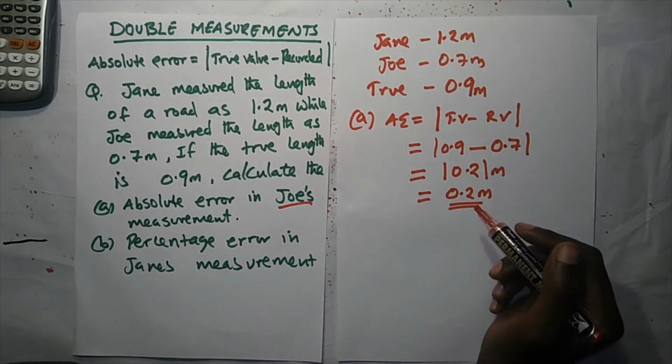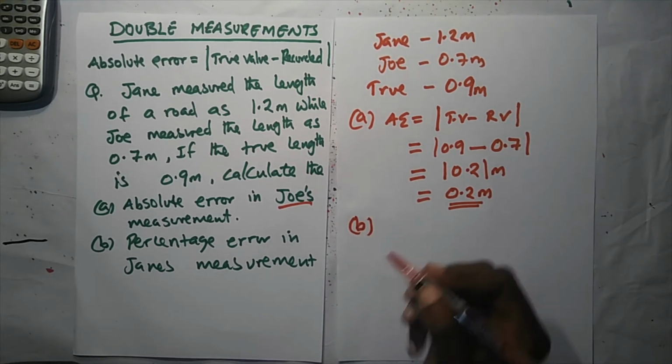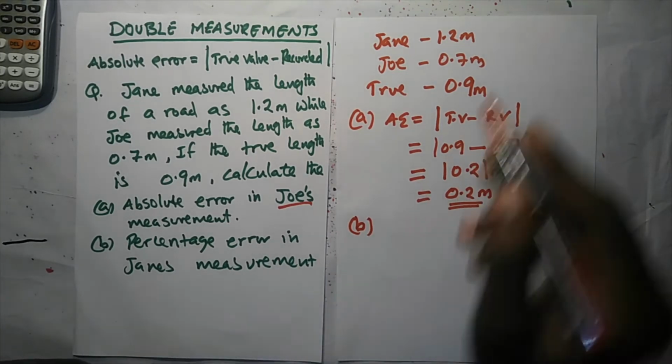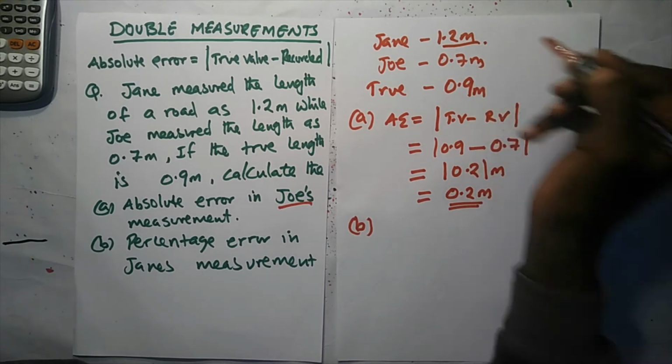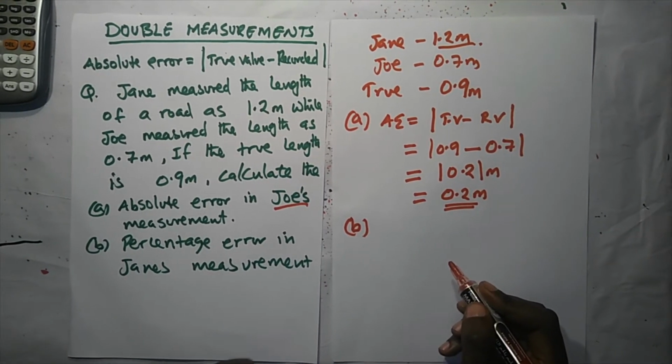Now we can go to part B of the question, which says find the percentage error in Jane's measurement. So you consider the measurement that Jane had, which is 1.2. The first step when you are finding percentage error is to find the absolute error.